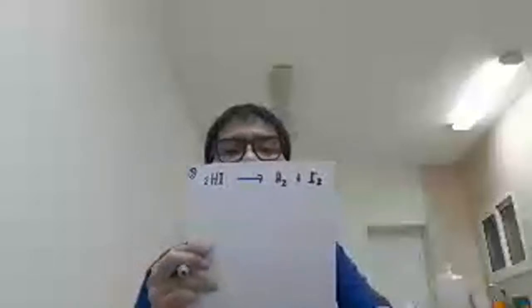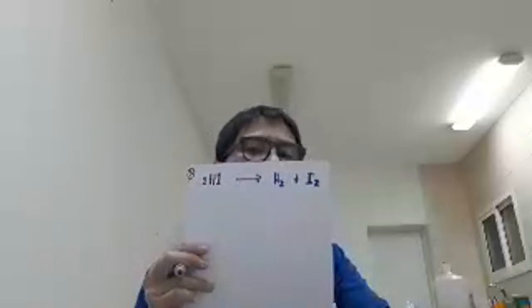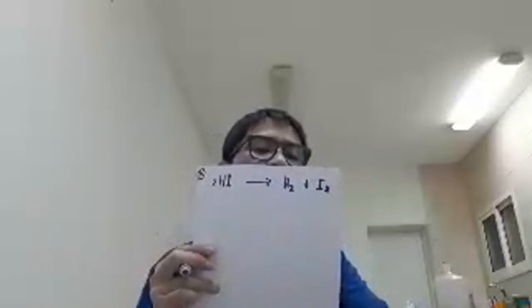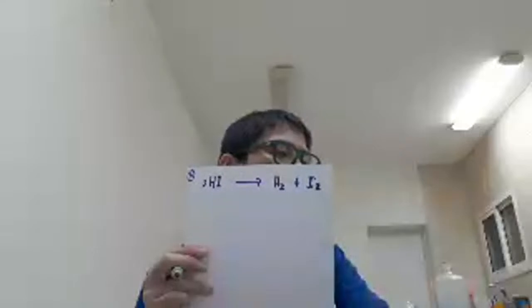Balance immediately: 2 moles of hydroiodic acid to produce hydrogen gas plus I2 gas. It is expected that in this reaction vessel, it is not a closed vessel, right? So they will release to the atmosphere to produce H2.